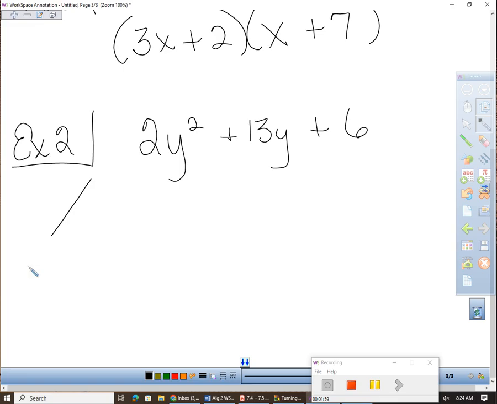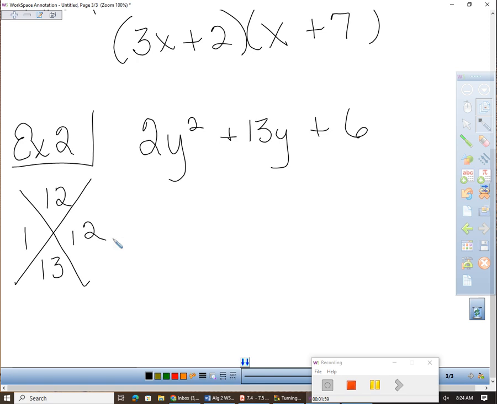All right, so I draw my x. Last number times the first number goes on top. That is 12. Middle number goes on the bottom. What two numbers multiply to 12 and add to 13? 1 and 12. All right.